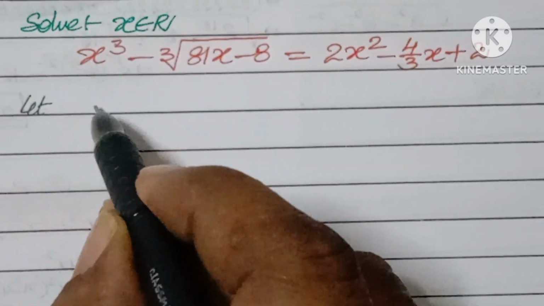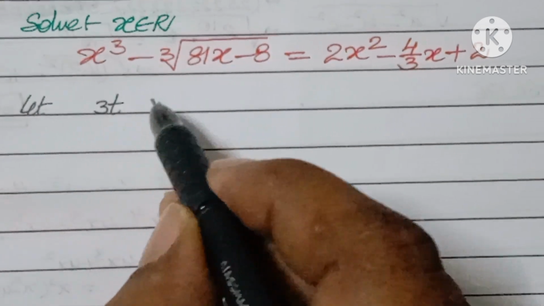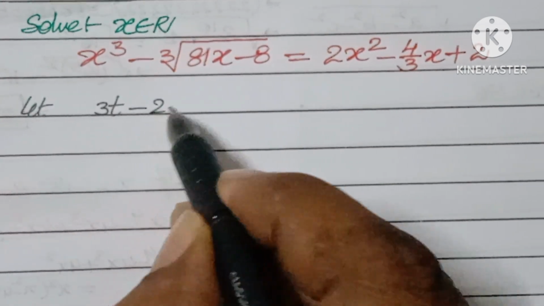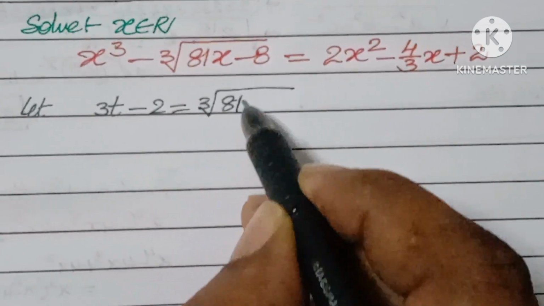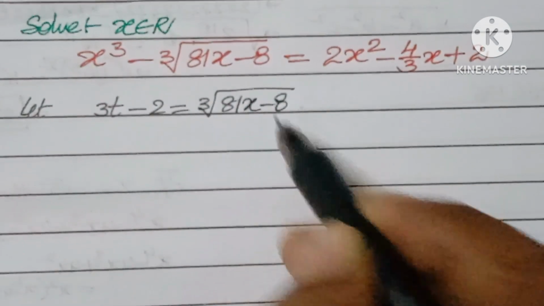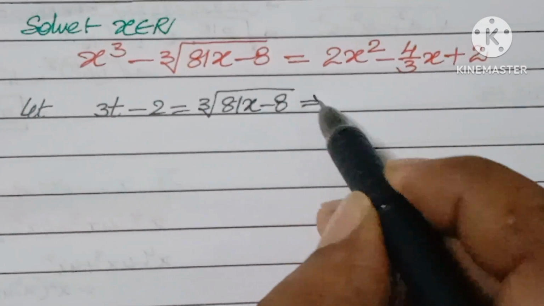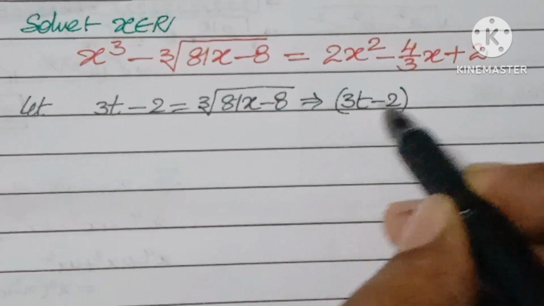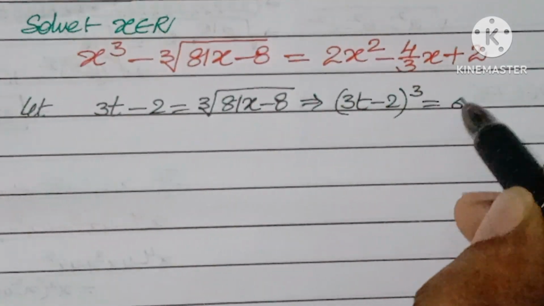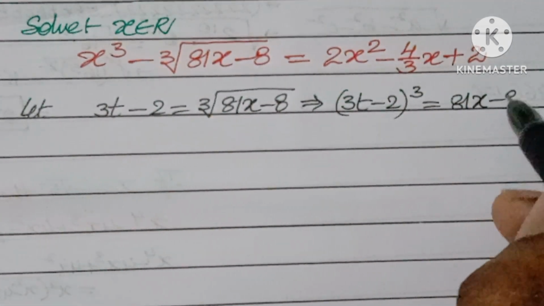So let us take 3t minus 2 is equal to cube root of 81x minus 8. That implies 3t minus 2 whole cube is equal to 81x minus 8.